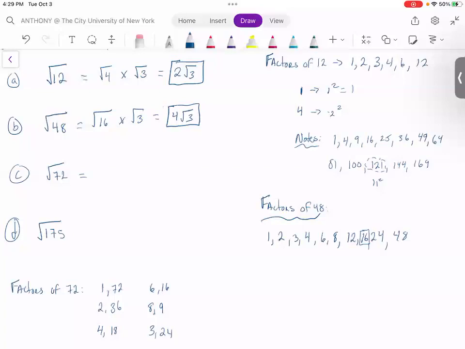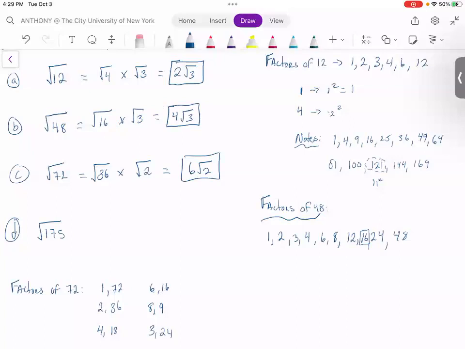So square root of 72 can be broken down as the square root of 36 times the square root of, well, 36 times what gives us 72? Times 2. There you go. Now the square root of 36 is 6. So it's 6 times square root of 2.